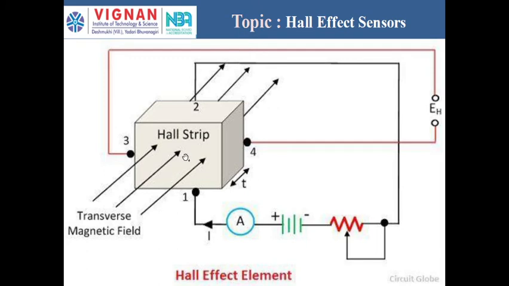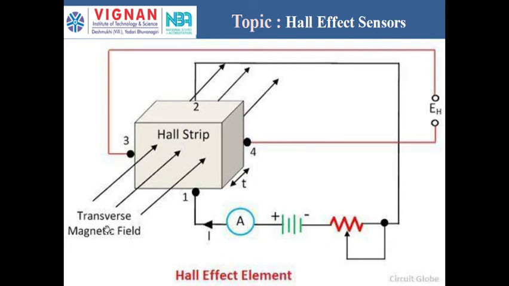First assume that some current is passing through edges 1 and 2, and I have connected a meter for measurement of voltage to the edges 3 and 4. The potentials at these edges 3 and 4 are the same, that is there is no voltage difference in the absence of a transverse magnetic field. That means when there is no magnetic field, this potential difference is 0.